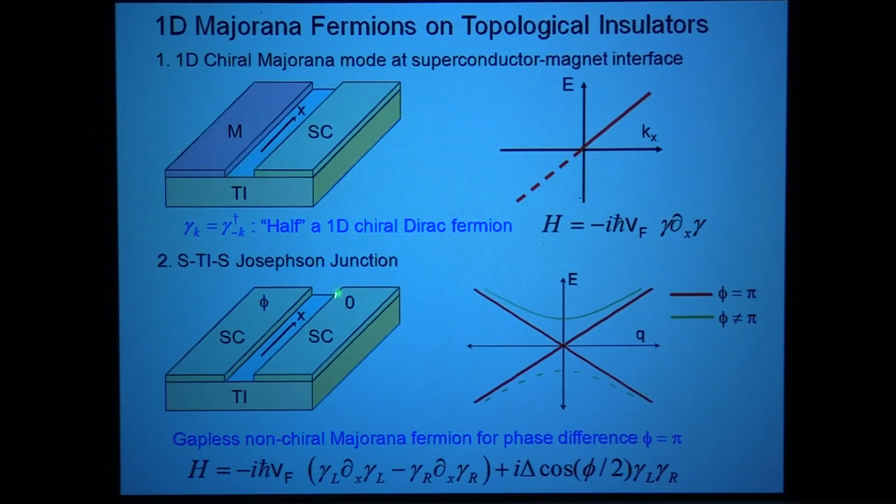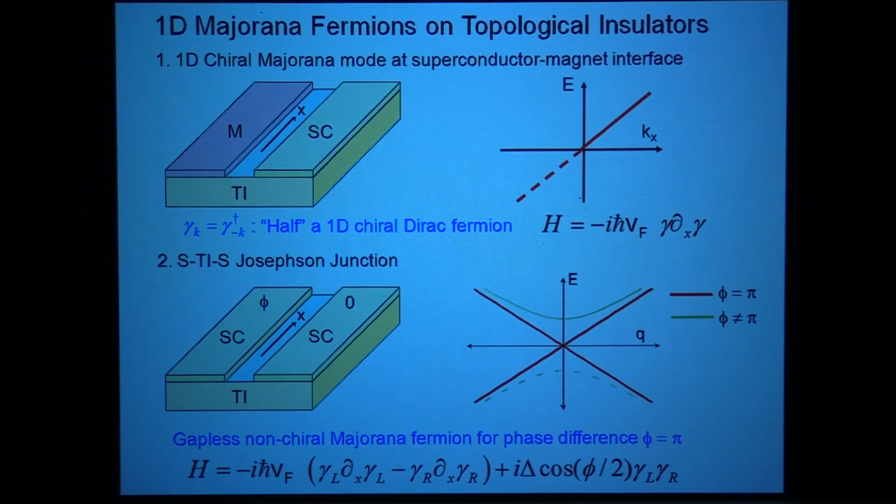Okay, so there are other things you can do. If I look at the surface of a three-dimensional topological insulator on an interface between a superconducting gap and a magnetic gap, then there will be a one-dimensional channel, which is sort of like the edge of a two-dimensional p plus ip superconductor, and so this has a chiral Majorana mode.